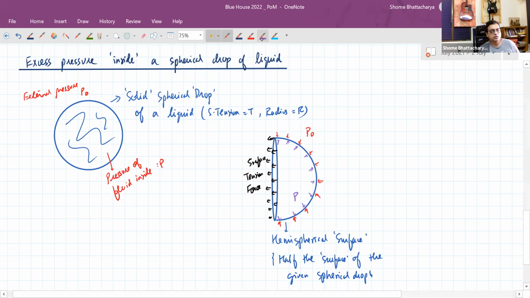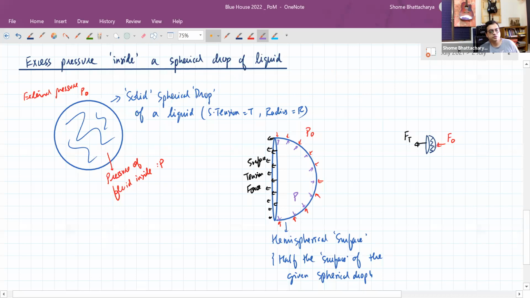So if you consider this hemispherical surface now, there will be a net force in this direction due to surface tension. There will be a net force due to external pressure in this direction.